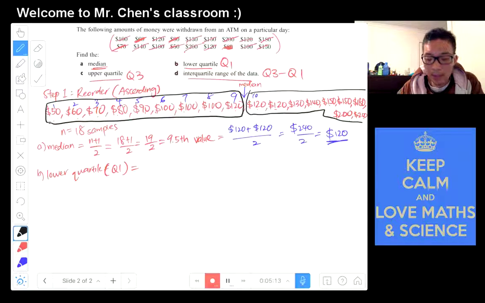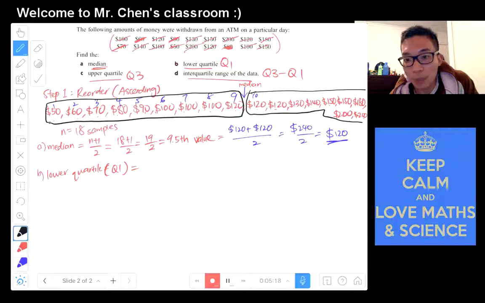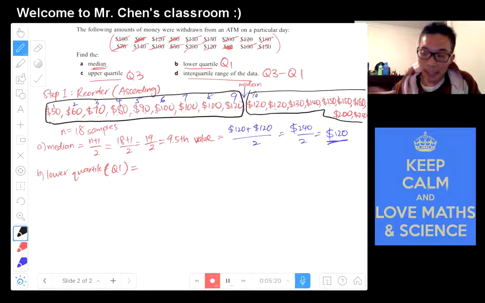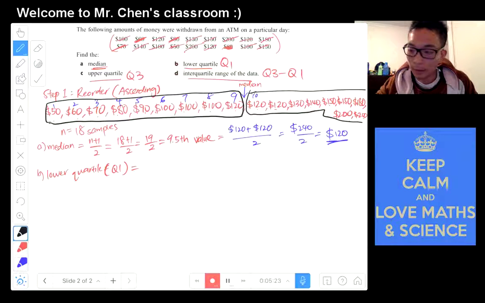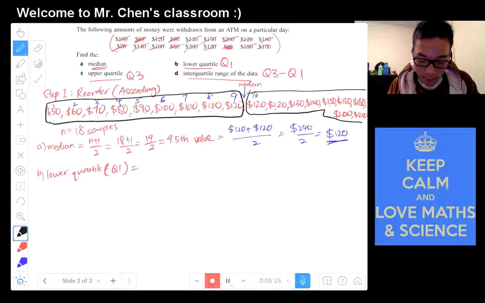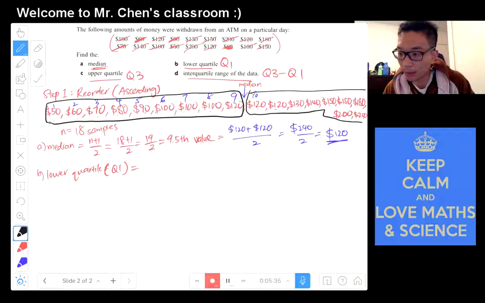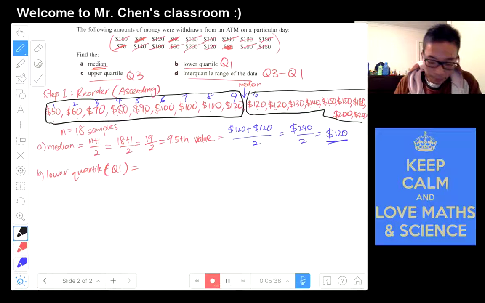Remember in this case, because the median is in between two numbers, you can actually take those two numbers beside it, because it wasn't a specific number in your sample, it is in between.